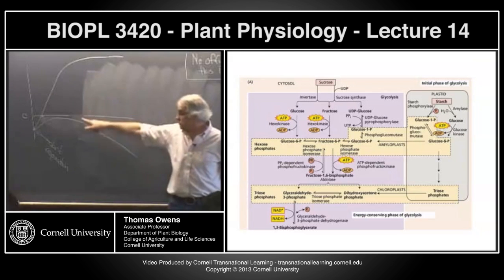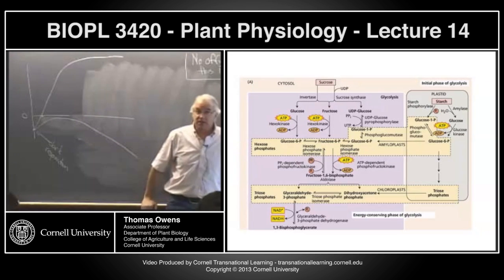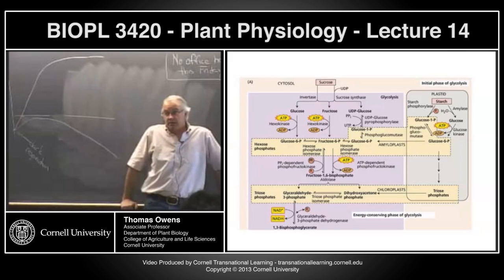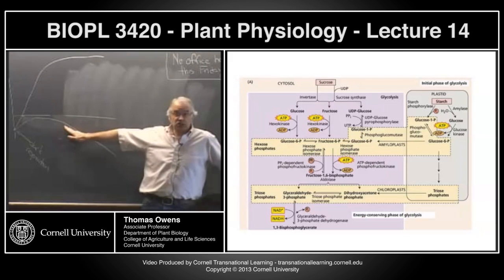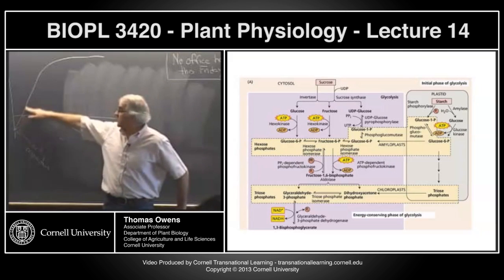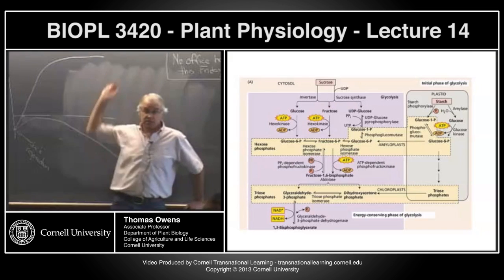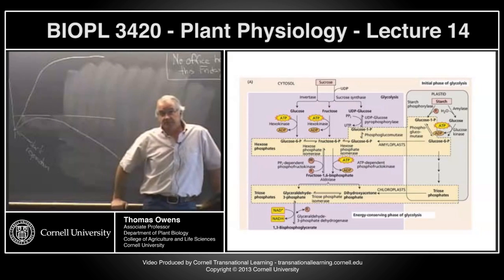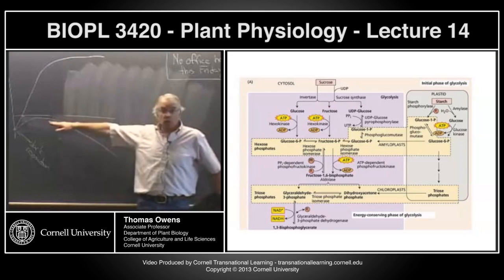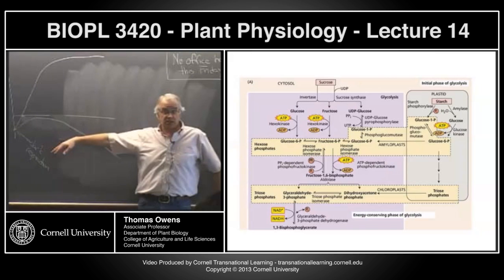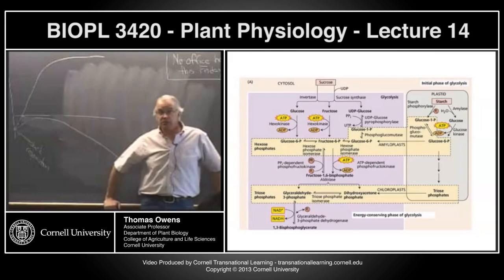And as we get to saturation, that oxygen uptake actually increases again. So this is looking at just mitochondrial uptake of oxygen. This is the net of photosynthesis plus respiration. So if you want to know what the curve for photosynthesis looks like, you take the difference between these two.